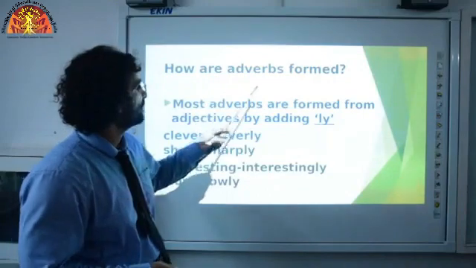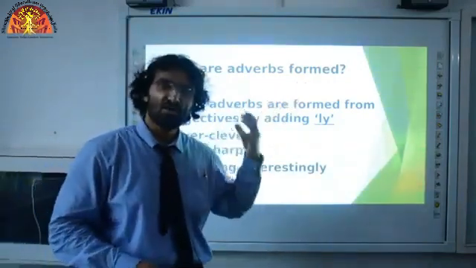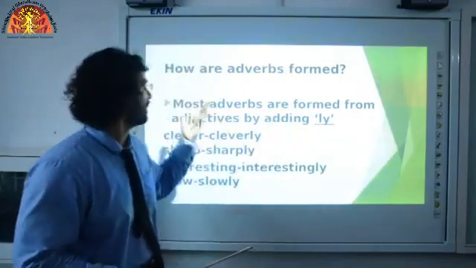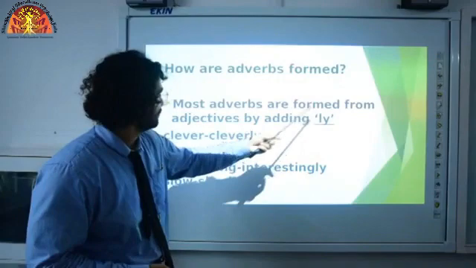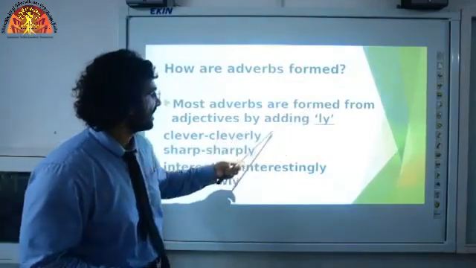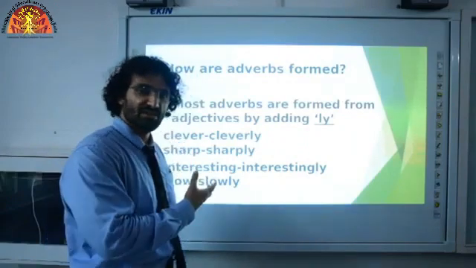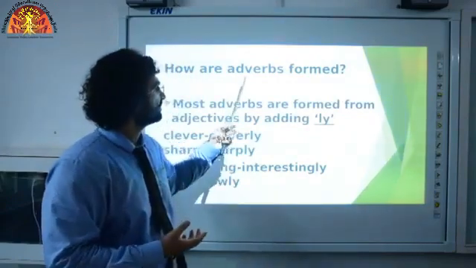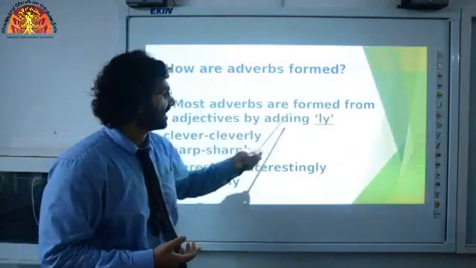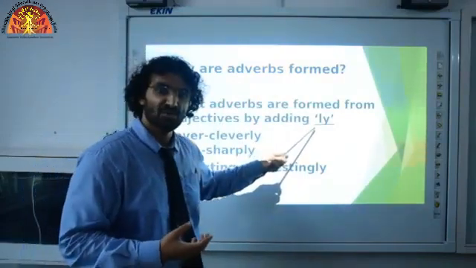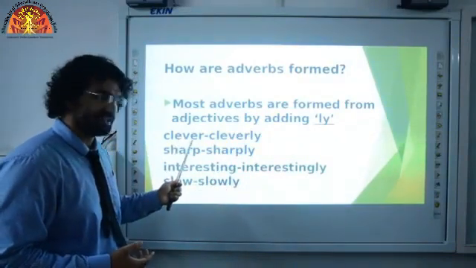How are adverbs formed? First of all, we will talk about how we form adverbs. Most adverbs are formed from adjectives by adding ly. And how do we do that? We are going to have a look. Clever is an adjective.